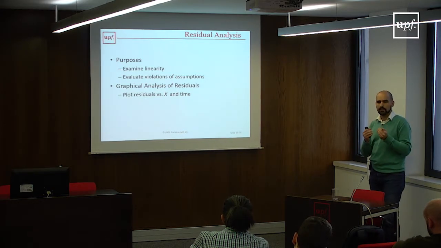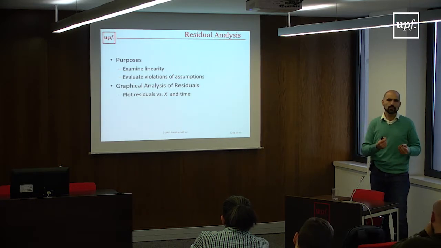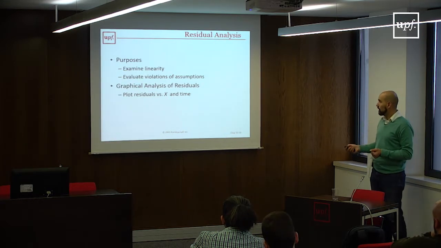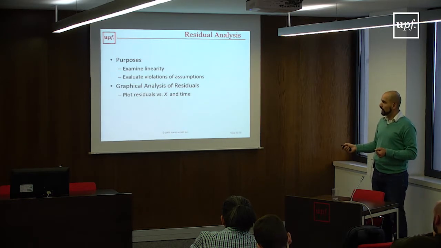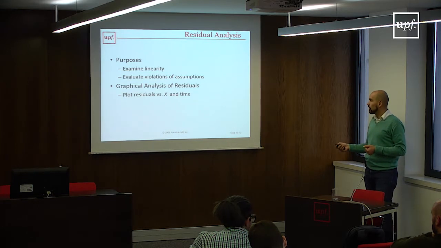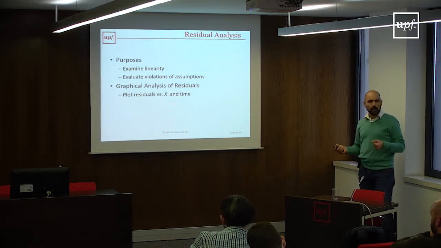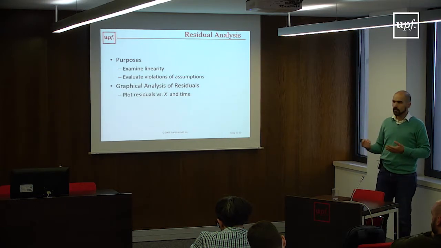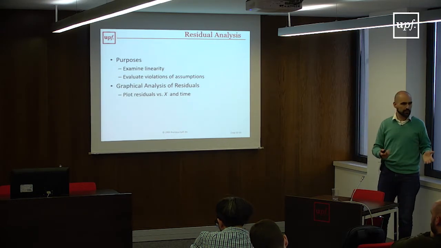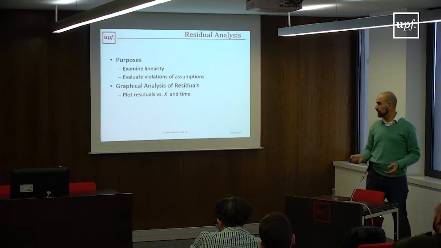So we look at the error, and we see if this error is distributed in a proper way. We want to verify that we have linearity and evaluate violation of this assumption. Actually, one of the best ways to do this kind of analysis is graphically, not performing a test, look at the data.